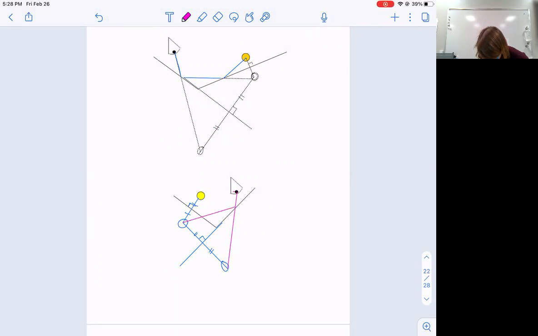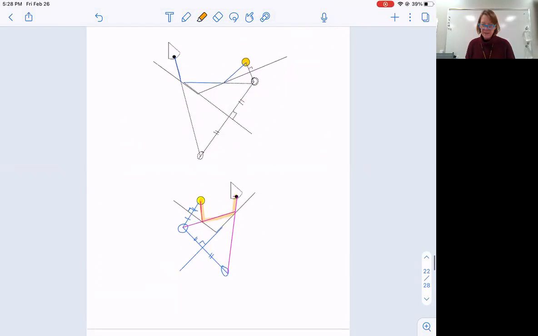Go from this intersection back to the first image, and then back. So the light is bouncing like this. Light is bouncing from the object to the eye like that. All right, thanks for listening to that background information.